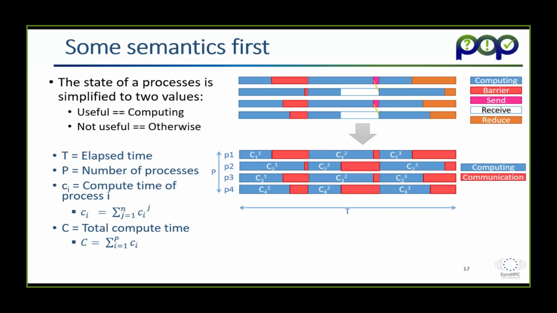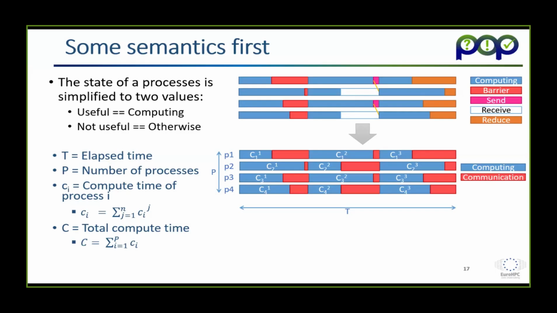We summarize all these in two states: either I'm useful, or I'm not useful, I'm communicating. So we summarize the execution of a process in two states, and based on this is how we compute all the metrics.